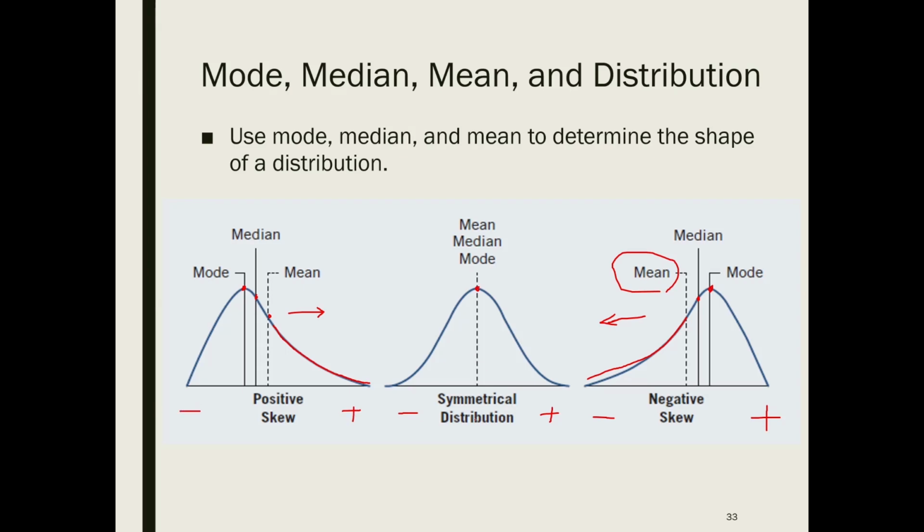For the normal distribution, or symmetrical distribution, everything is supposed to be in the middle, as we mentioned before. So this graph is easy for remembering the relationship between the median and the mean in different types of distributions.